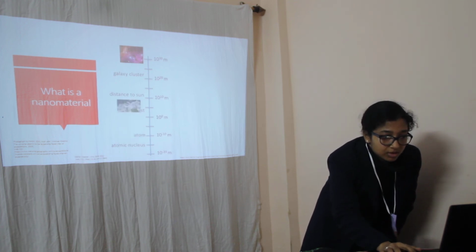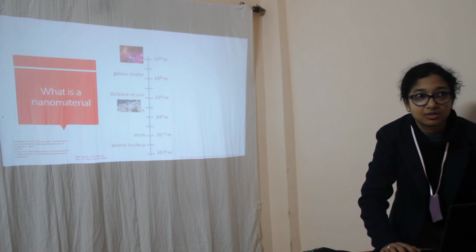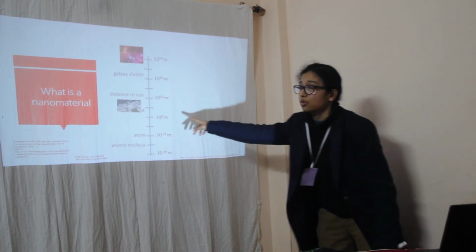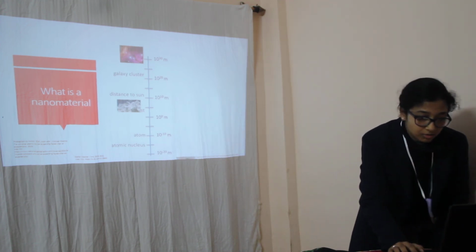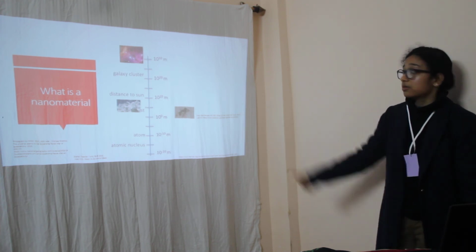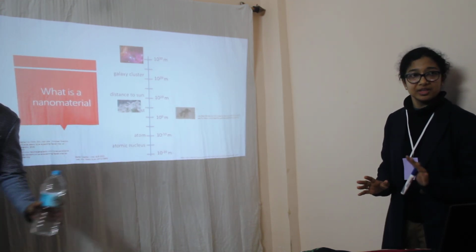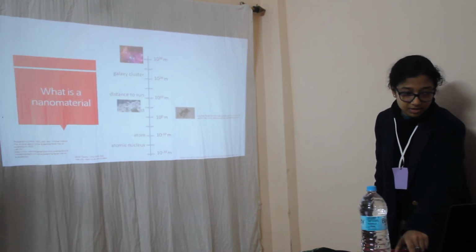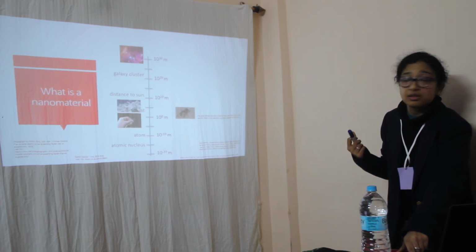What is the height of Mount Everest? In which range? Kilometer. So you can see 10 power 0 meter, that's 1 meter, and from there. And there is an ant also. Generally the size of an ant is a few centimeters.